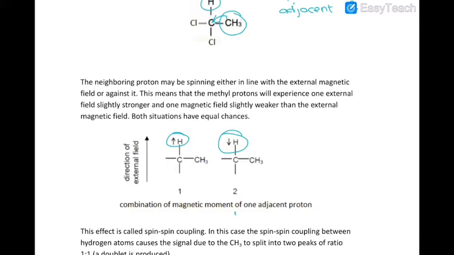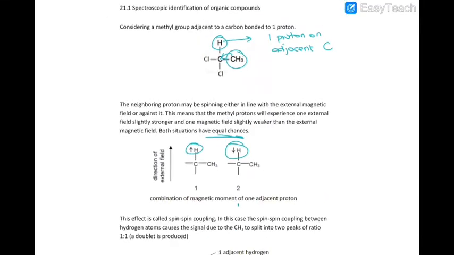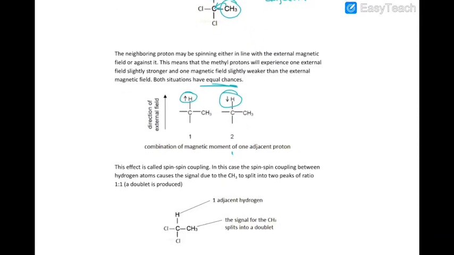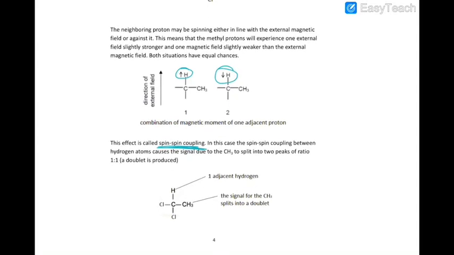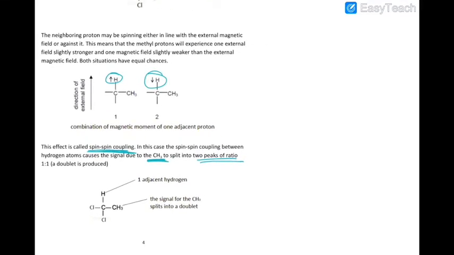Both situations have equal chances. Now, this effect is going to couple with the spinning of the CH3. It's going to produce a spin-spin coupling, and the spin-spin coupling is going to cause the signal due to the CH3 protons to split into 2 equal peaks of the ratio 1:1, and we call this a doublet.